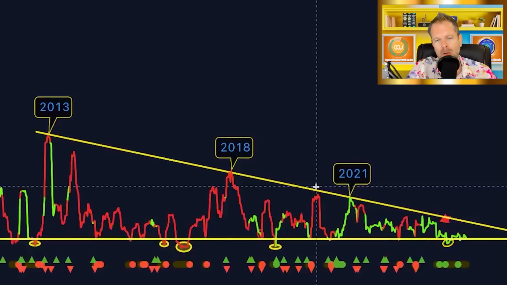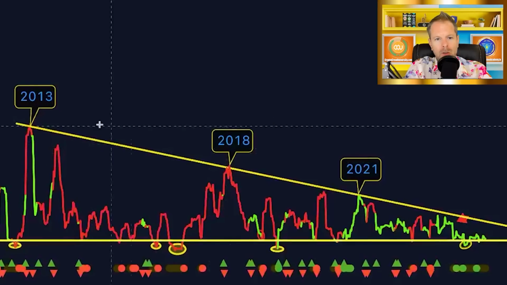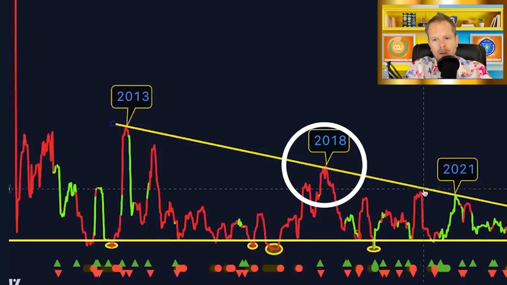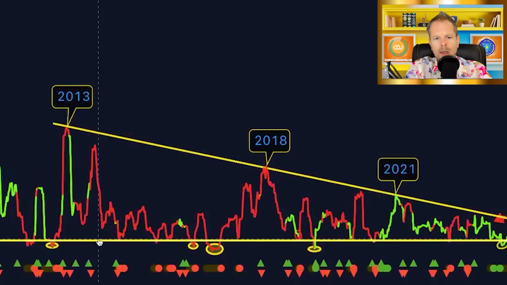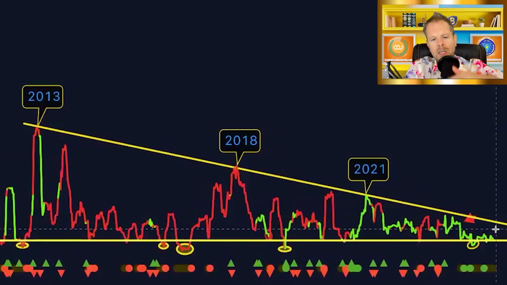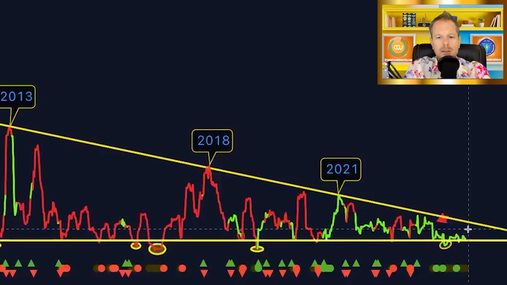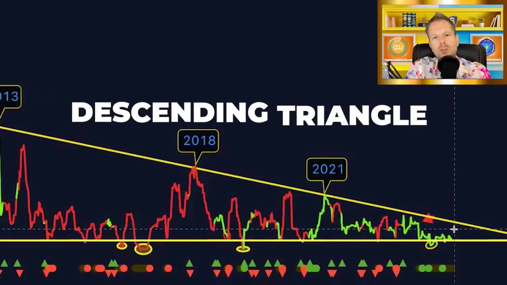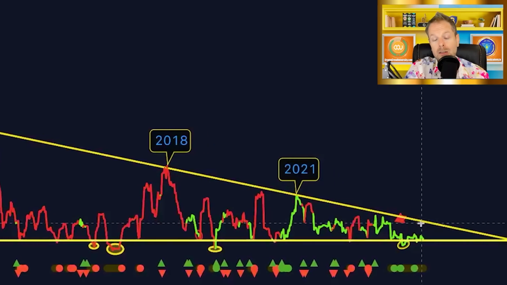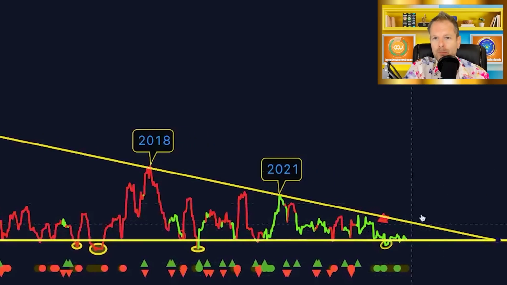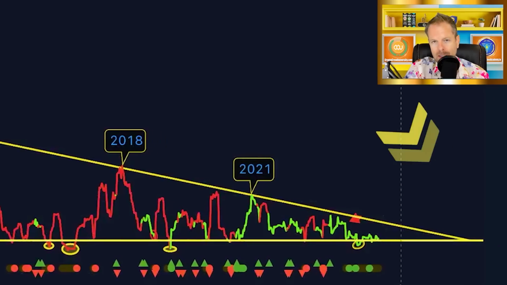A descending triangle by nature has its resistance zone up at the top, which has a high and lower high and lower high and lower high, multiple lower highs, multiple touch points, and has the same base. If you have the same base and you have the same touch points with lower highs, that is the definition of a descending triangle. The high majority of the time, descending triangles break to the downside. That doesn't mean they can't break to the upside. It just means the high majority of time, they break to the downside.